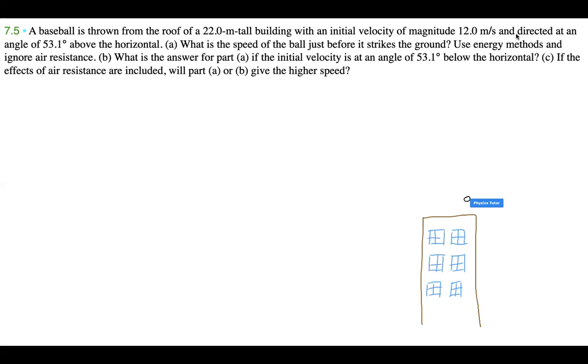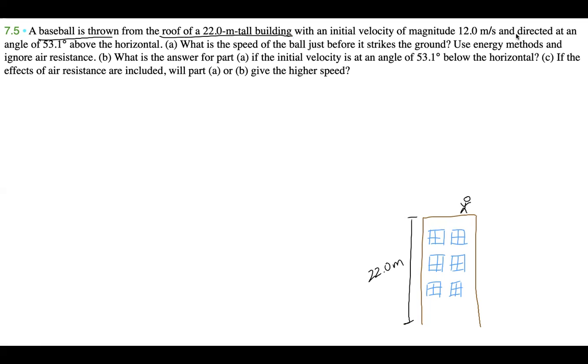Actually, I'm going to go into a little more detail, step by step, using information from the question to draw the problem. So, let's start again. A baseball is thrown from the roof of a 22.0 meter tall building. So this person is on the roof of a 22 meter tall building. 22.0 meters.